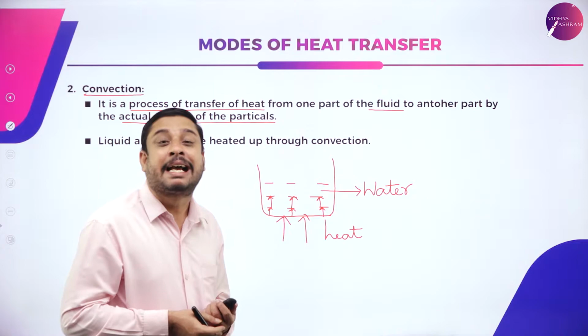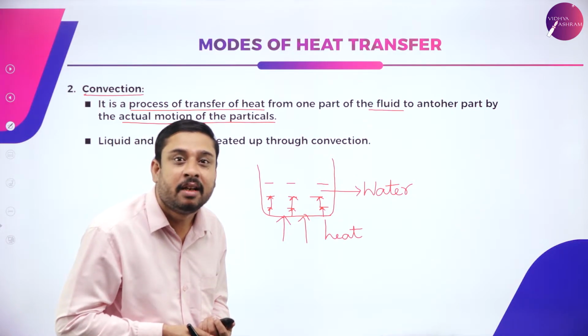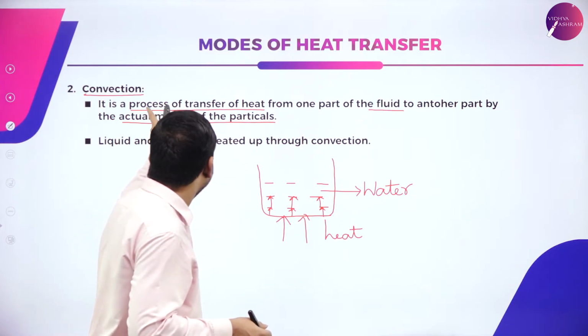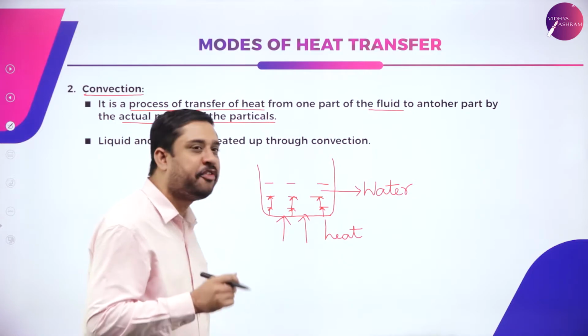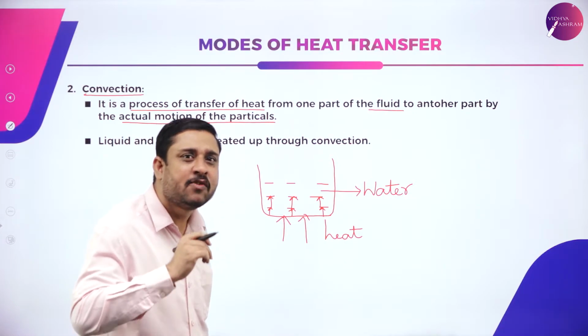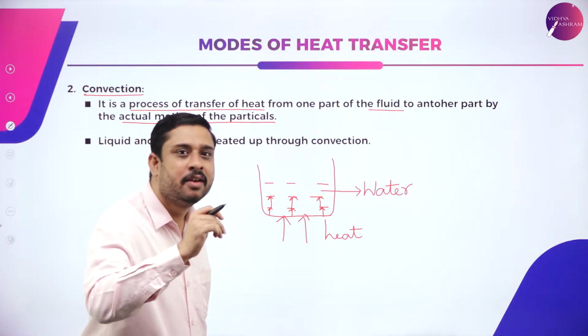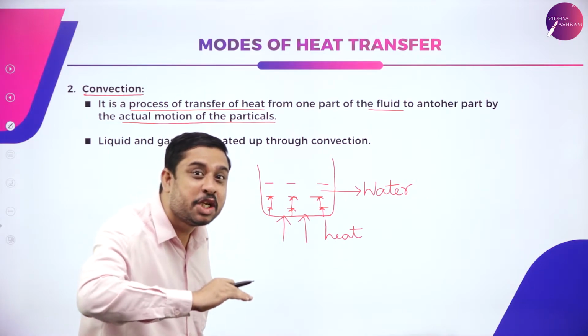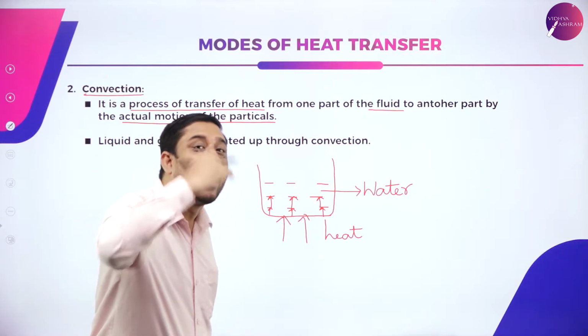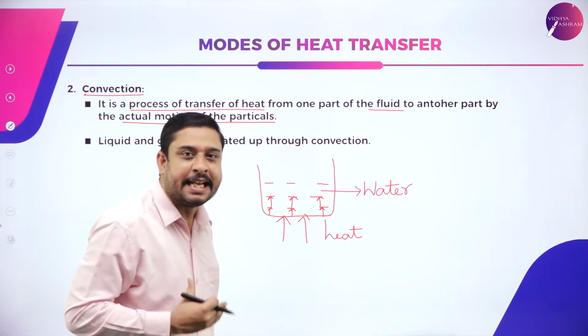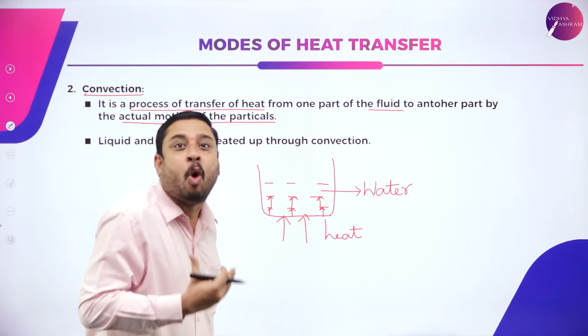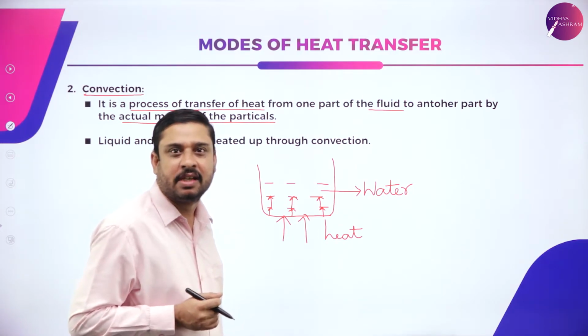we call convection. So we say it is a process of transfer of heat from one region of the fluid to another, where there is actual motion of the particles.